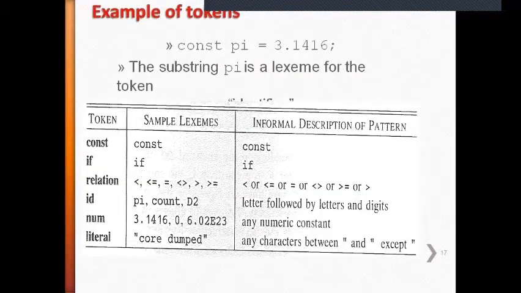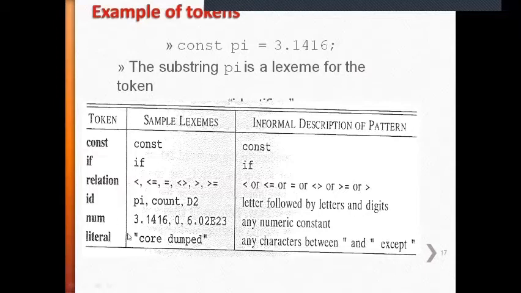Now we are going to see some example tokens. const is a sample lexeme, and the informal description is const. For an identifier, examples are PI, count, D2, or A, B, C. The description is that the first character should be a letter, followed by letters or digits. Number is a token; an example is 3.1467, and the description is a numerical constant.